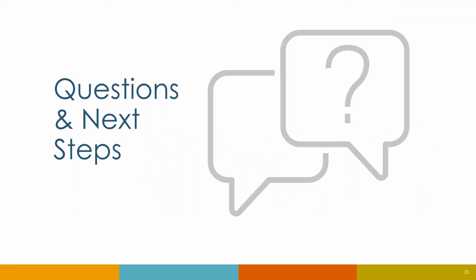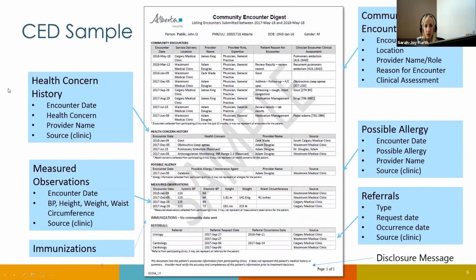Perfect, thank you. I just have a super weird question. Is there anywhere on the CED that specifies the patient's primary physician? Yes, let me go back to that. Actually, Barb, I'm not sure. It doesn't on the CED. Nobody's asked us that yet. That's a really great question, Sam.